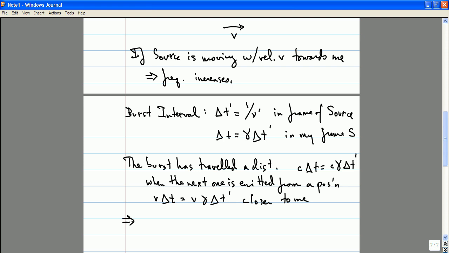So that means that if you think of these bursts traveling towards me, the distance separating them is just the difference between this and this. So it's going to be c minus v gamma delta t prime, or c minus v times gamma divided by nu prime, the frequency of the source in its rest frame.